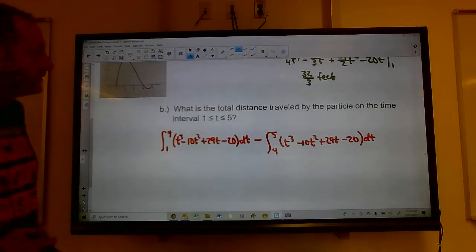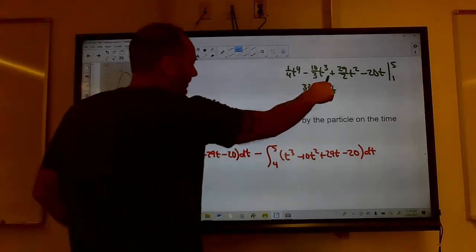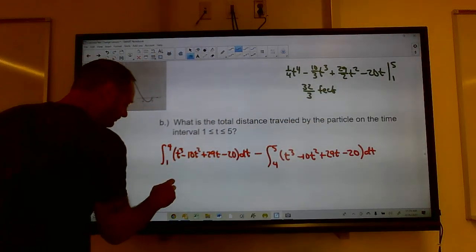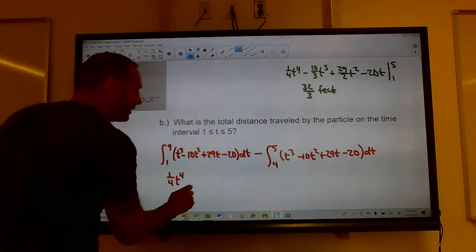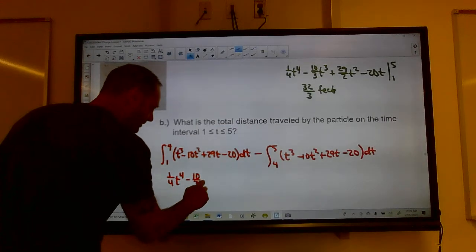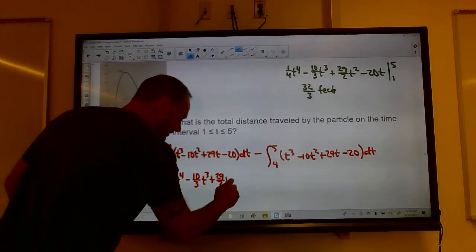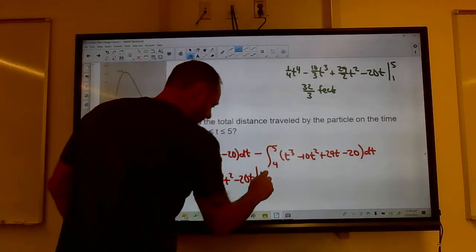So we're going to get the same integral that we got here. If we integrate it, it's the same thing. So this is going to be 1/4 t to the 4th minus 10/3 t cubed plus 29 halves t squared minus 20t evaluated from 1 to 4.